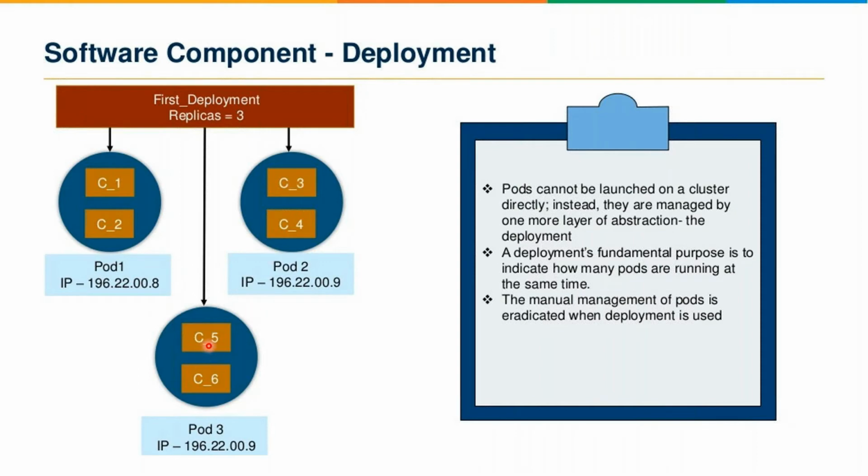That means if anything goes wrong with C1, the application will be accessed from C3. If there is any issue with C3, the application will be available from C5. So if any pod is corrupted, our application will still be available from the other pods, right?